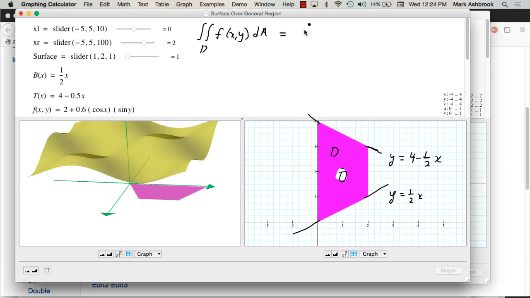So this is 2 plus 0.6 cosine x sine y, and we want to look at this thing, we're going to do dy dx.